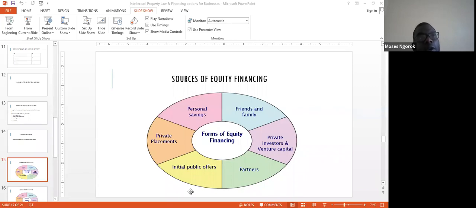The Capital Markets Authority is the authority in Uganda which manages the affairs of public companies, but also investment into companies in Uganda.